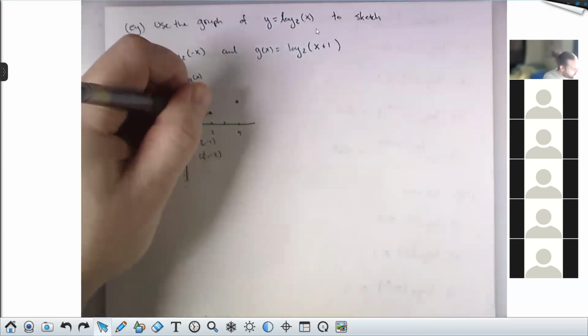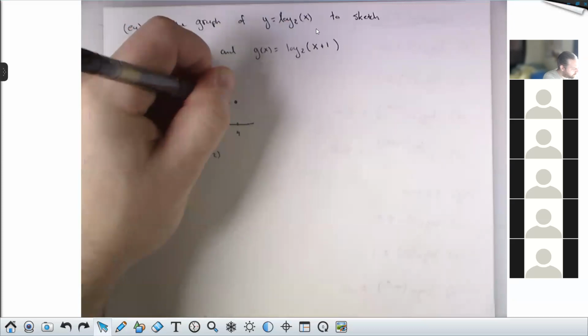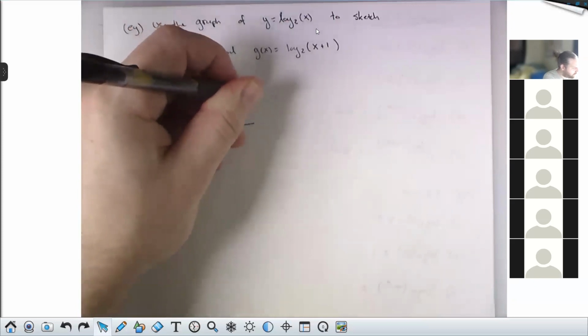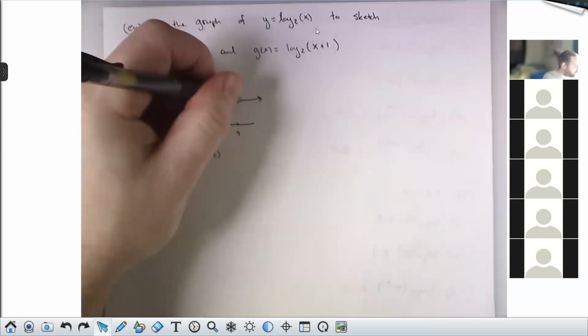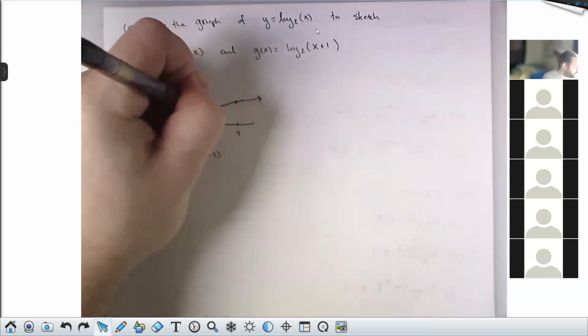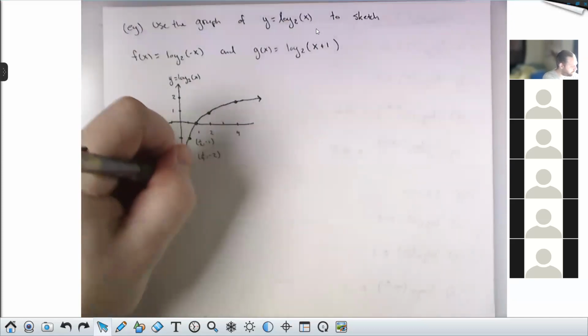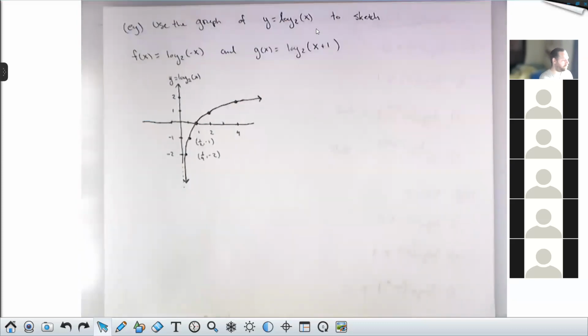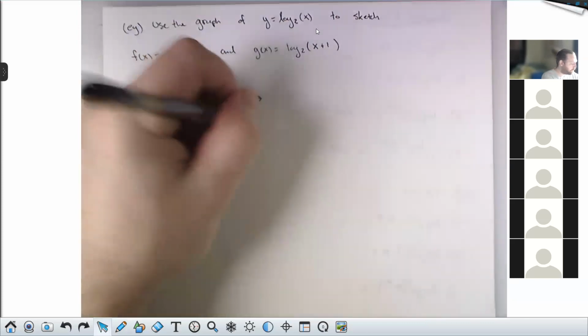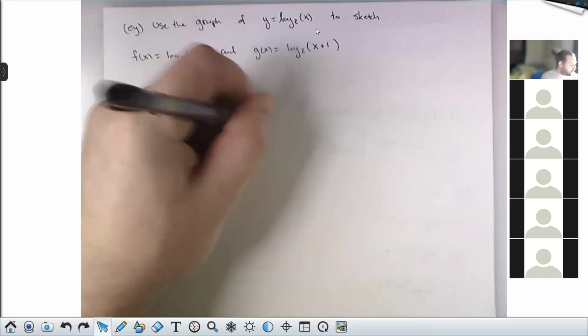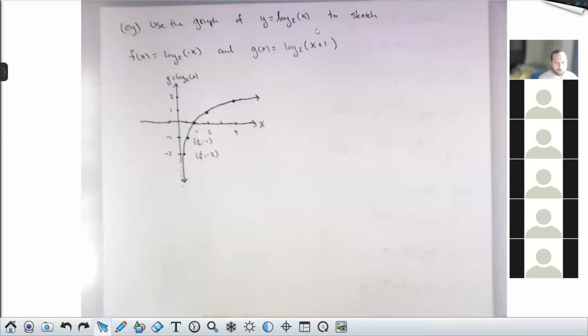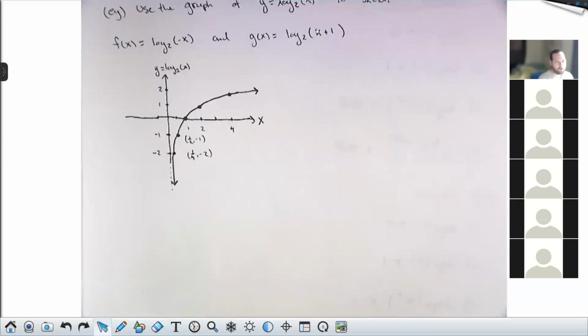And what this graph looks like, and you need to remember this forever and ever, amen. This is a new one of your parent functions. Looks like this. All right. This is the graph of the base 2 logarithm, and all the other logarithms look the same. Right? They have different specific points in the same way that those exponentials all look the same but have different specific points.